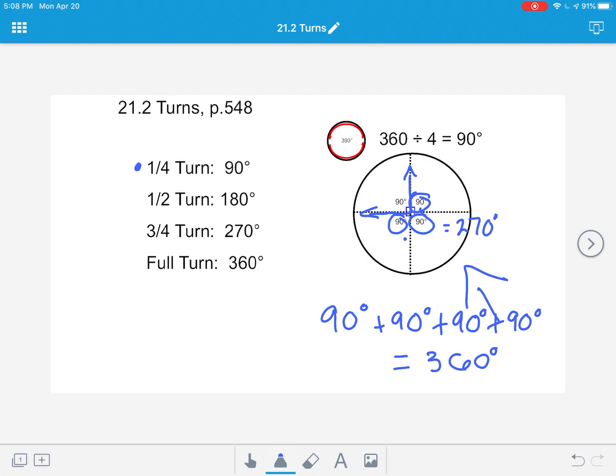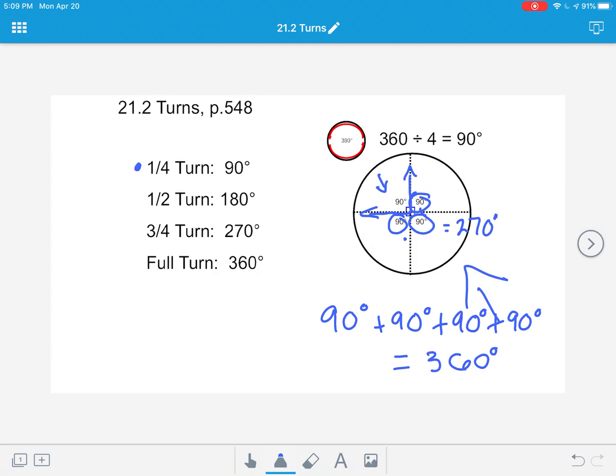So a 3/4 turn is 270 degrees out of the 360 in the whole circle. A 3/4 turn is made up of 3 quarters, and then the remaining piece is just one left over. Do you see how that looks a little bit like a fourth on the other side here? So a 3/4 turn has a quarter turn on the other side of it.